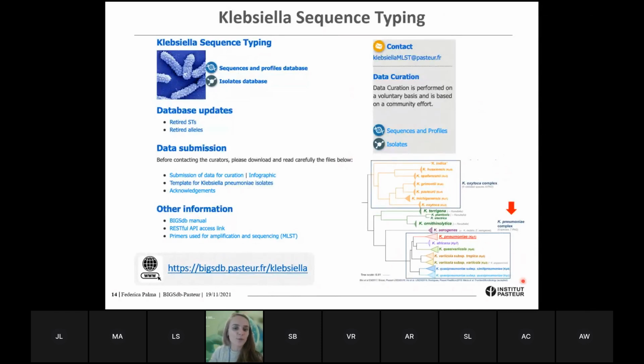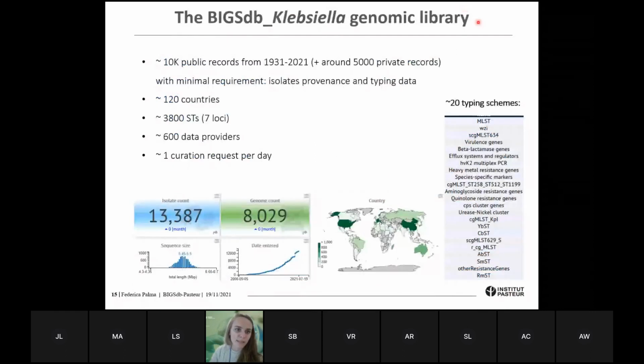And here I wanted to just remind that in this database we analyze the Klebsiella pneumoniae species complex in particular. And about this species complex, we collected more than 10,000 strains, most of them with an associated genome and minimal requirements for provenance, phenotypic data, and typing data.